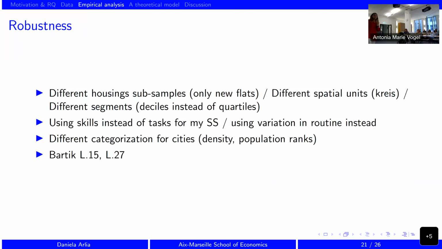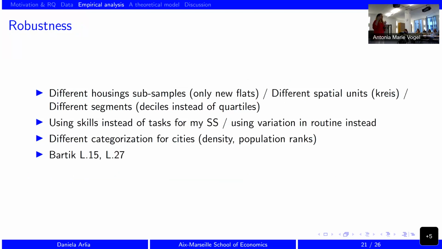Now, I started doing different robustness checks, which I will continue in the next weeks and months. I'm also aware that on this Bartik instrument there is currently a big discussion, and there is a new paper that came out just 2 days ago that I need to catch up on.